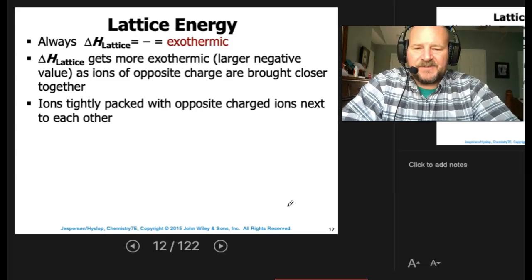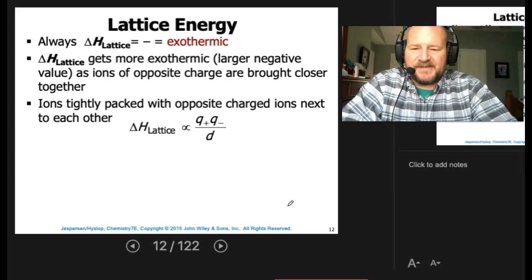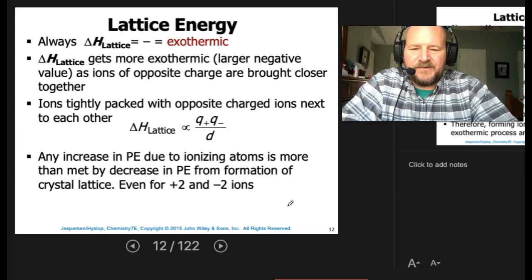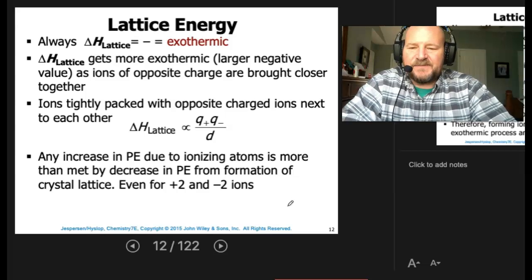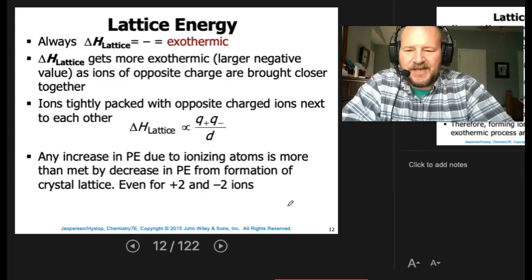Ions tightly packed with opposite charged ions next to each other. So we can actually calculate this out by looking at delta H lattice. It's going to be the Q positive times the Q minus divided by the distance, right? So any increase in PE due to ionizing atoms is more than met by decrease in PE from the formation of the crystal lattice.